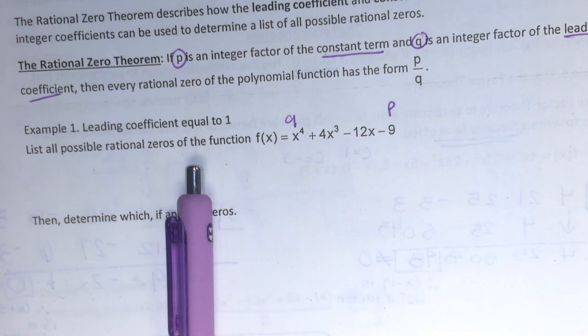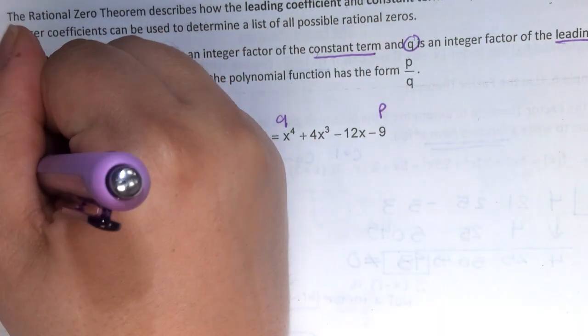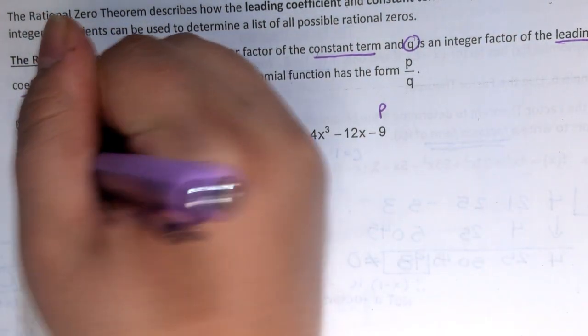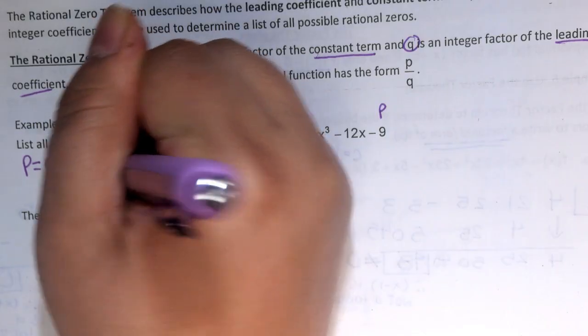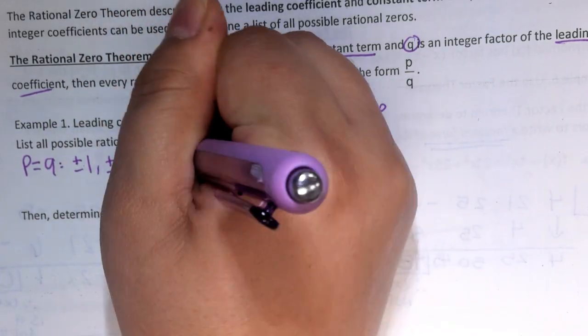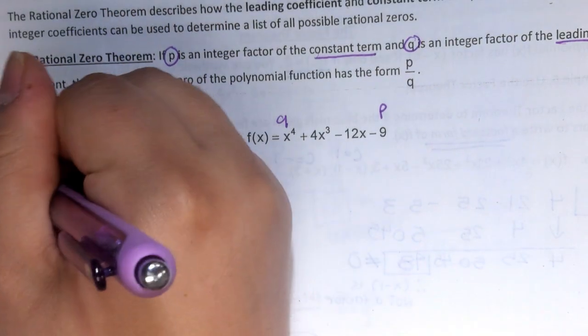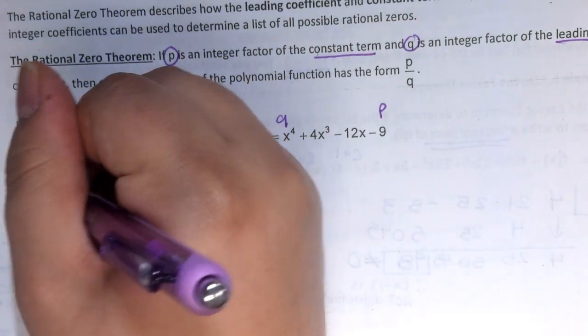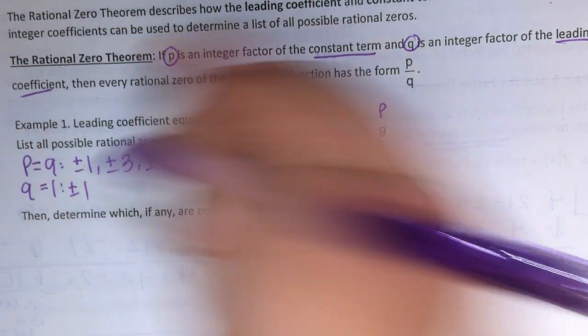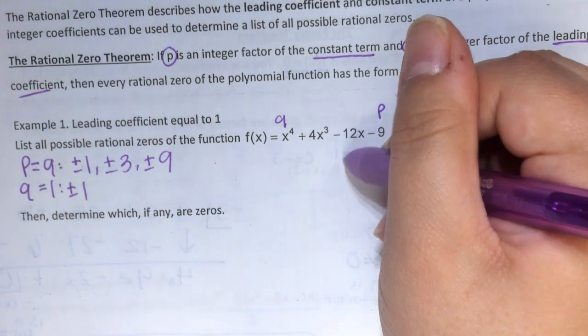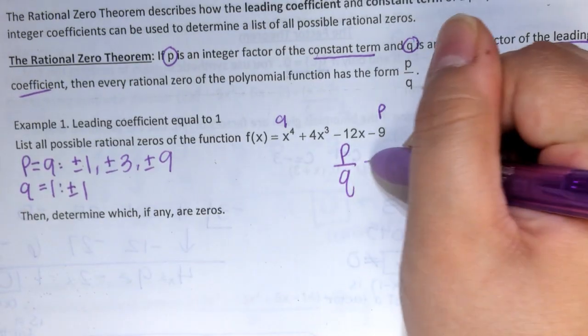So if P is 9, my factors are plus or minus 1, plus or minus 3, plus or minus 9. Q is 1, my factors are plus or minus 1. And then you need to divide P over Q.